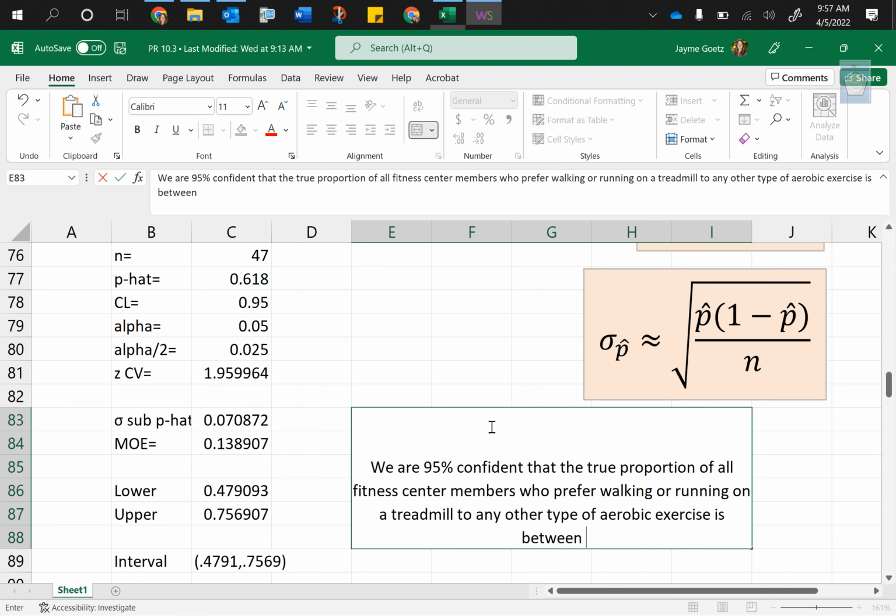What are my percentages here? 47.91% and 75.69%.